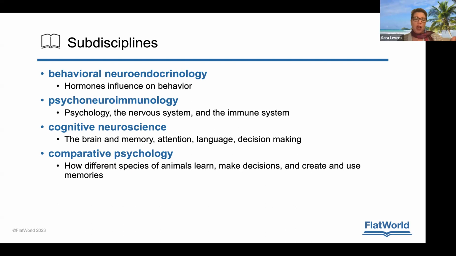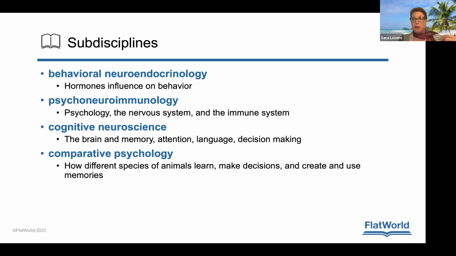And then you have cognitive neuroscience, which looks a little bit further into direct connections between higher order processes in the brain and behavior. So these are going to be memory, attention, language, decision-making, a number of the things that are on the pathway from basic science to being more applied.